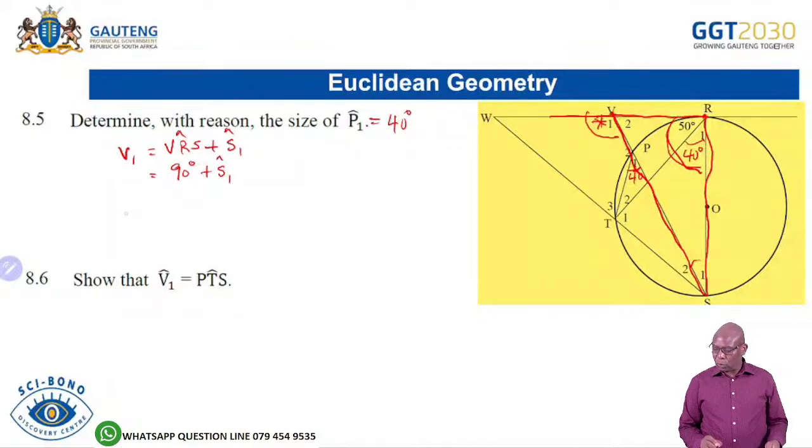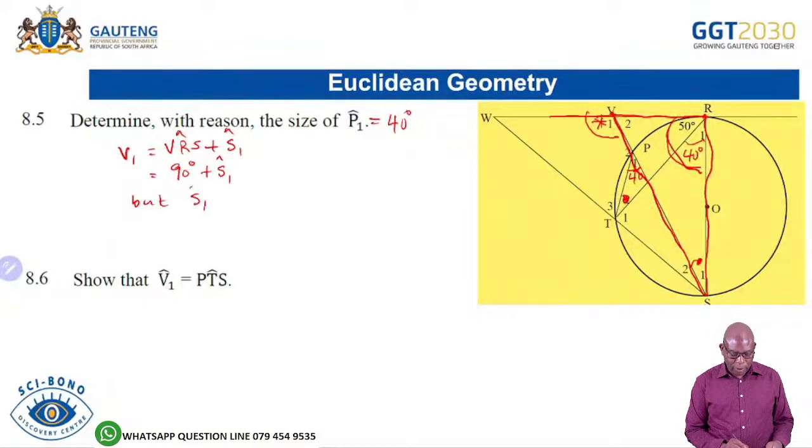Again, I can then show that I know that S1, where is S1? This S1 equals to T2. See? S1 and T2 are the same. So I can write then, but S1 equals to T2. So let's check angle PTS.